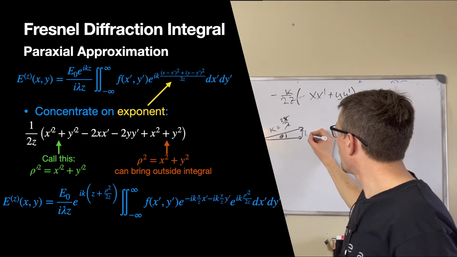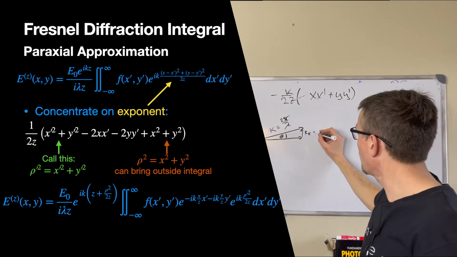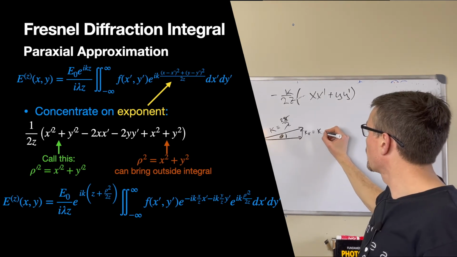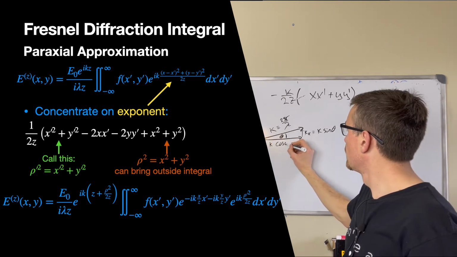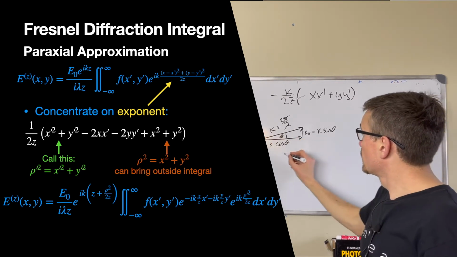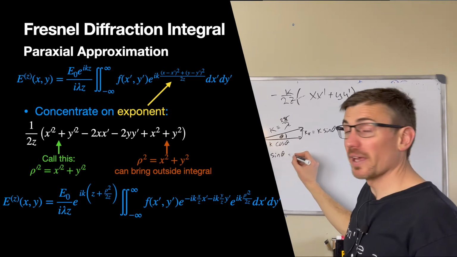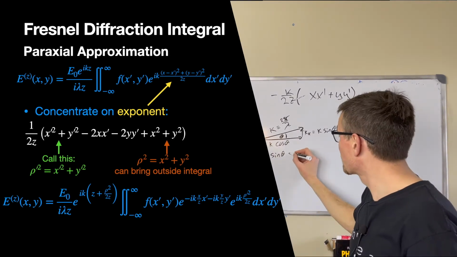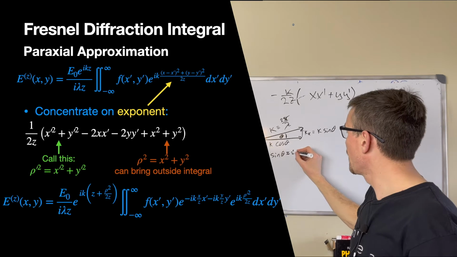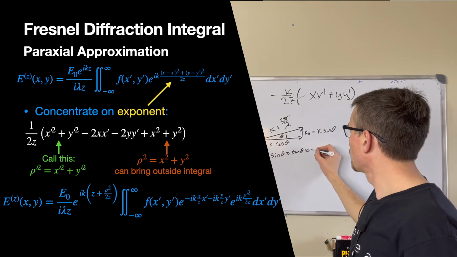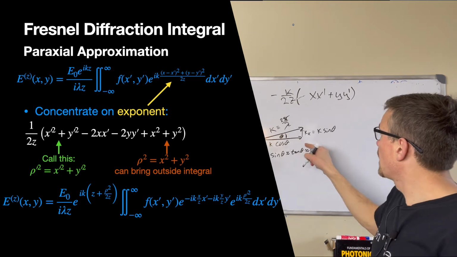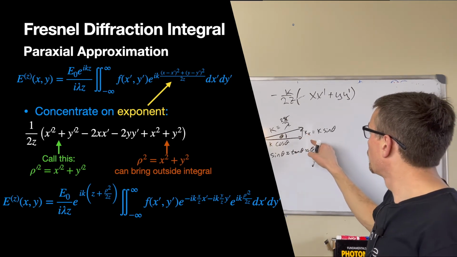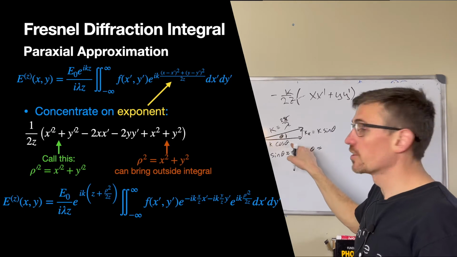And we had a kx here, and that's equal to k times sine theta, and this was equal to k cos theta. And sine theta in the small angle approximation, in our paraxial approximation, is approximately equal to tan theta, approximately equal to theta, right? So we can approximate this as x over z, it turns out.